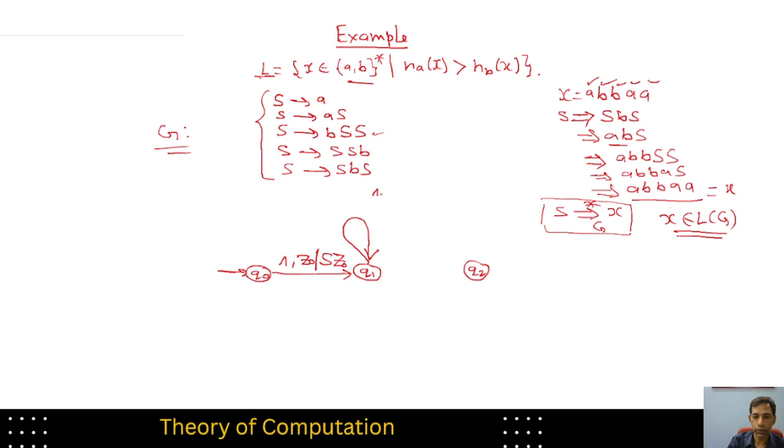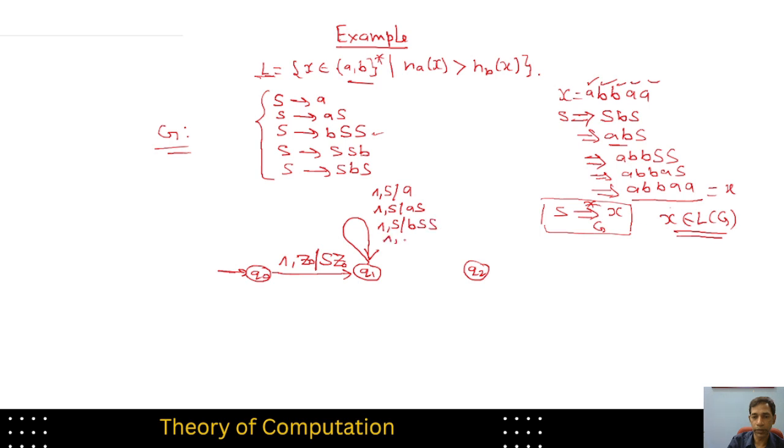You can say input is null and top of the stack symbol is S. Replace with A. Or input is null, top of the stack is S, and S can be replaced with AS. Input is null, top of the stack symbol is S, and S can be replaced with BSS.